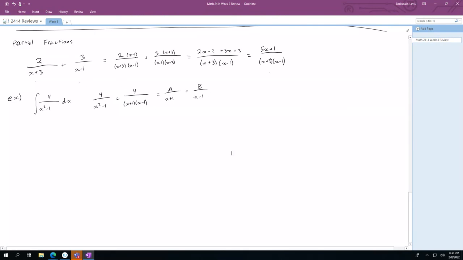And to add them together, again, I need to find the common denominator. So my a needs to be multiplied by an x minus 1. My b needs to be multiplied by an x plus 1. And on the bottom, I have x plus 1 times x minus 1. And that should be equal to 4 over x plus 1 times x minus 1.